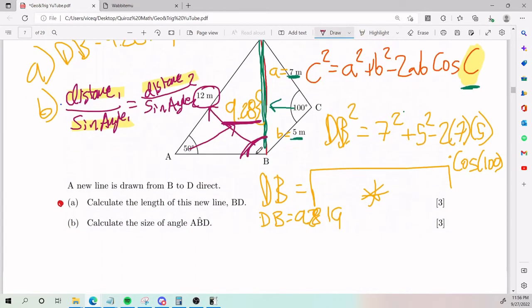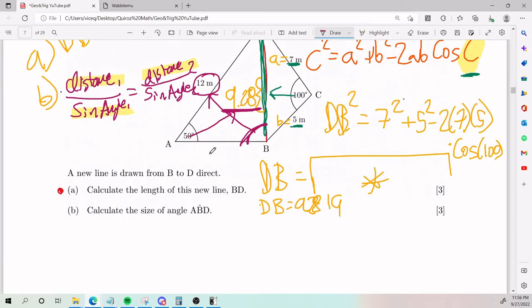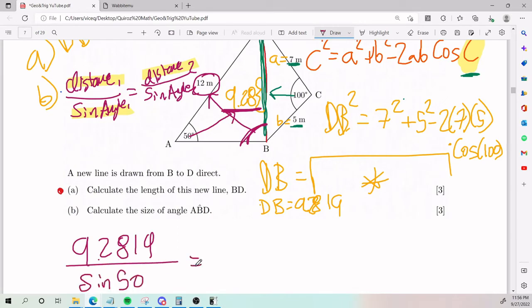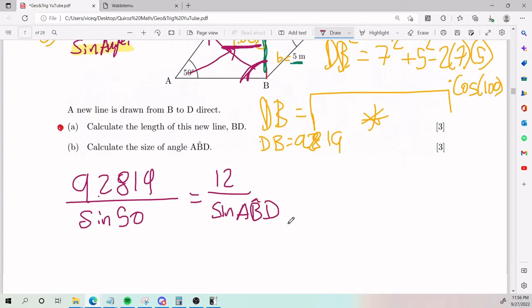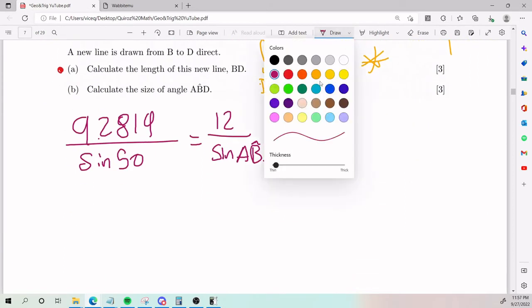So if I plug it in, it would look something like this. My distance 1, we're going to call 9.2819 divided by sine 50 equals distance 2, we said was 12, divided by sine of angle ABD. All right, awesome. So now I just need to get ABD alone and solve.